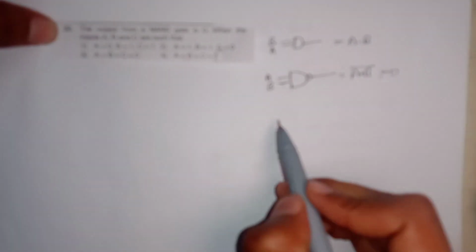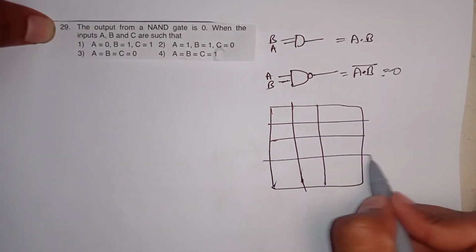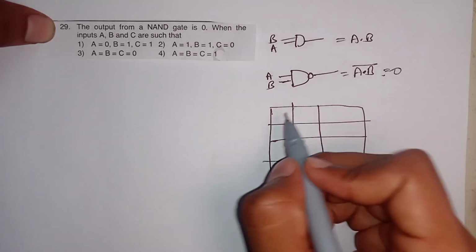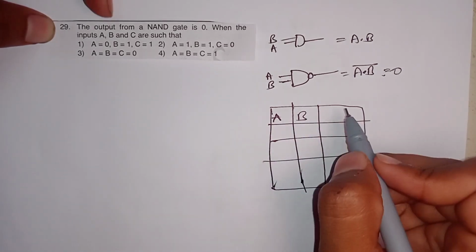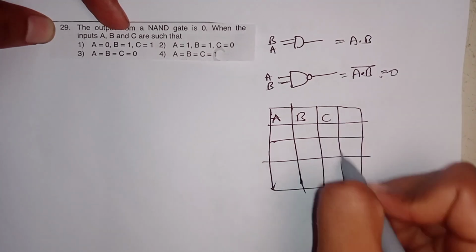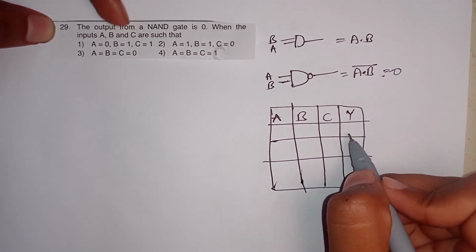This is where the truth table comes into the topic. What is the truth table? Just make 3 columns and 4 rows. In the example, A, B and C are given, and the output Y is also given. They have given output 0 for all.